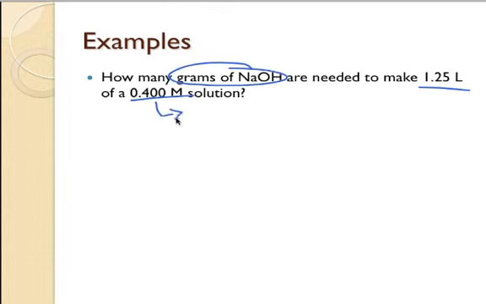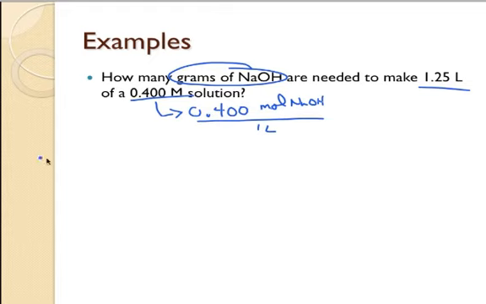I think it's helpful to always rewrite this as moles of solute over liters of solution. Now if you look at that, if I multiply moles of sodium hydroxide over 1 liter times liters, I get liters to cancel. I'd be left with just moles.